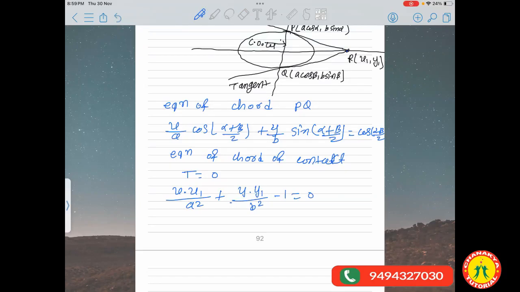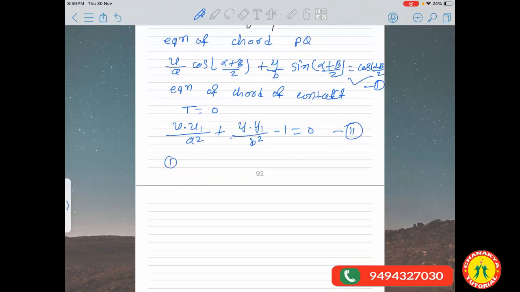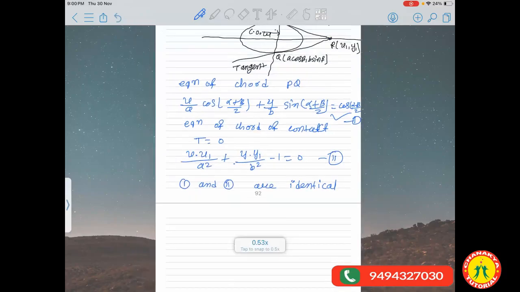So both lines, this is the first equation and this is the second. Both are identical, right? 1 and 2 are identical. So if they are identical, the coefficient ratio is the same, right?